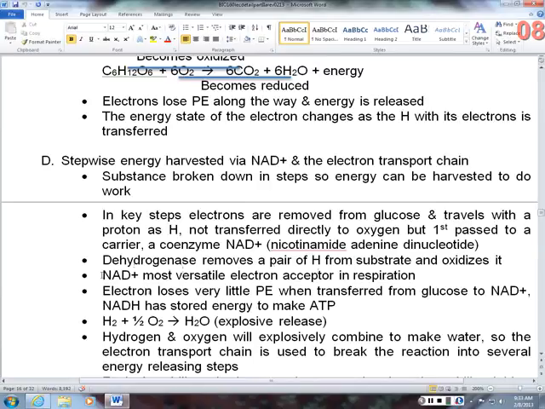So NAD is the most versatile electron acceptor in respiration. That's going to be where you're going to move electrons to in there. Electrons lose very little potential energy when they're transferred from glucose to NAD+, and the NADH has the stored energy that you use to make ATP.